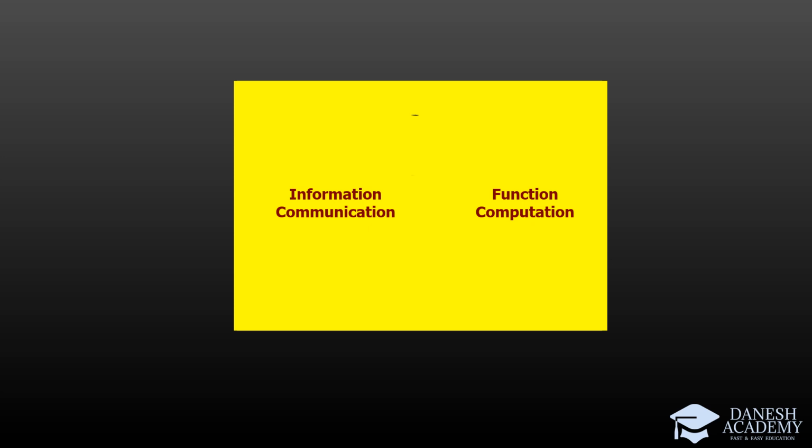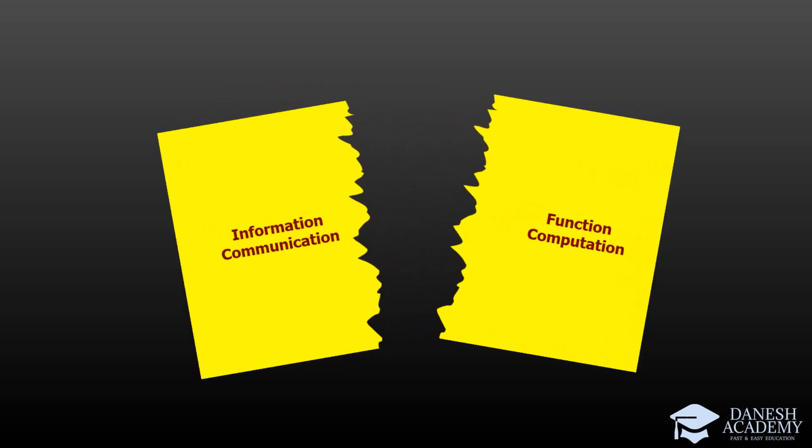Typically, in these applications, participating devices first communicate their data, and then the desired functions are computed based on the received data points. In other words, in these systems, information communication and function computation are seen as separate tasks.